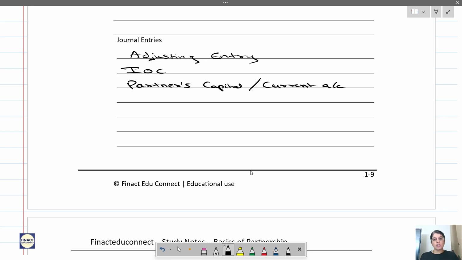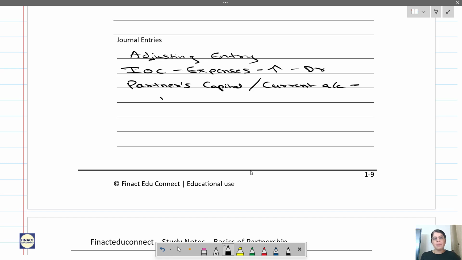Now interest on capital is like an expense, correct? There is an increase because the firm's interest on capital is increasing. They have to pay it to the partner, correct? So the balance in interest on capital will increase, so debit. Now partners' current and capital accounts, I told you, right? You have to treat the current account like a capital account only.